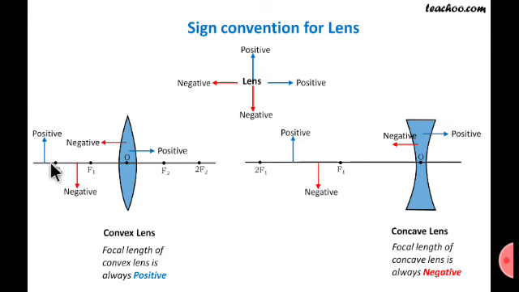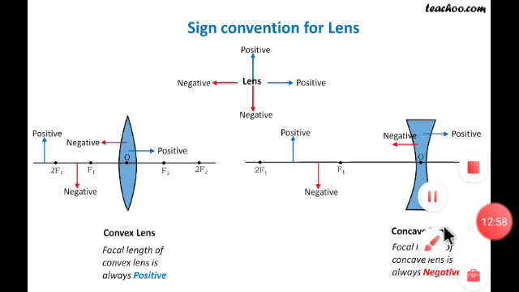If you follow the sign conventions, then only you will get the focal length of convex lenses positive and focal length of concave lenses negative. If it is wrong, then you misunderstood the sign convention rules, so read it again from your textbooks. It's very easy, and there is not much tension needed. If you just understand once, you'll be scoring good marks if they ask you these questions.